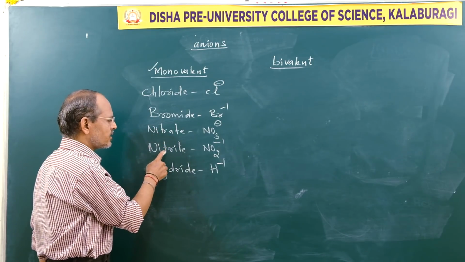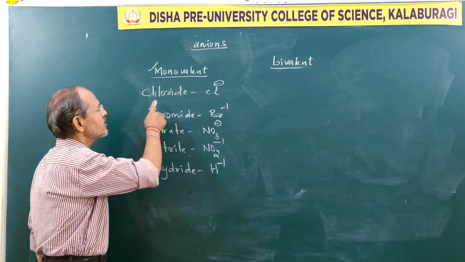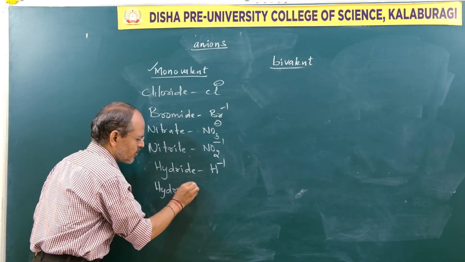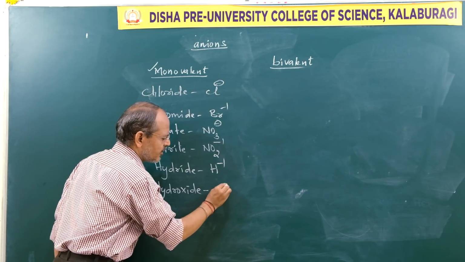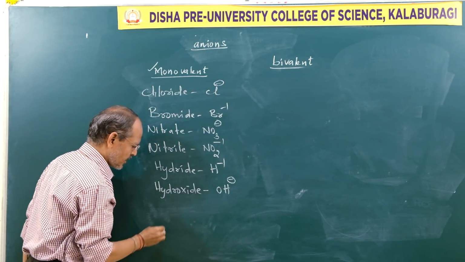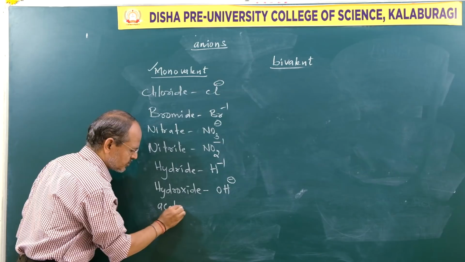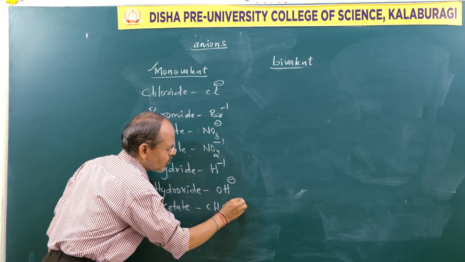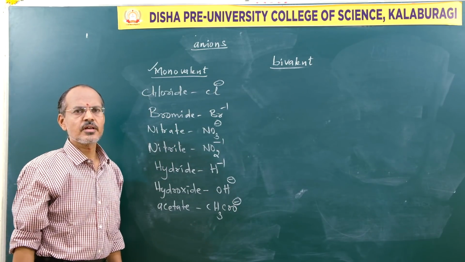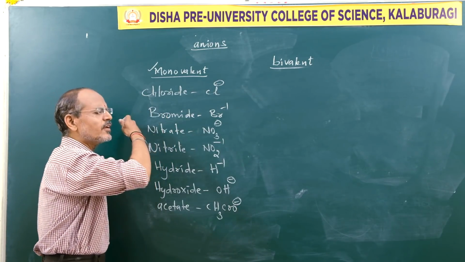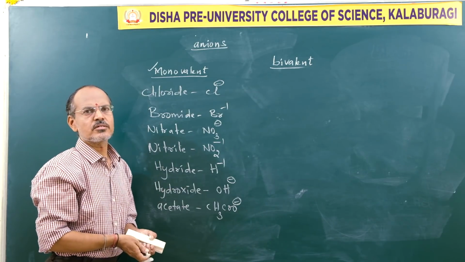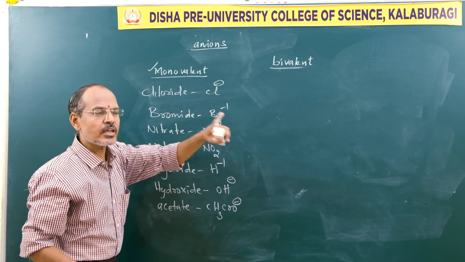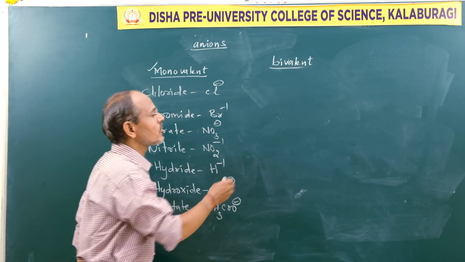Okay, so nitrate, nitrite, hydride, hydroxide, that is OH minus 1. Then acetate, that is CH3COO minus. Okay, so that means you will find a number of ions which are negatively charged, and that too monovalent. Monovalent means having capacity to accept 1 electron.